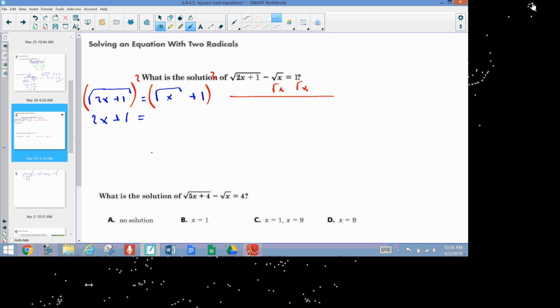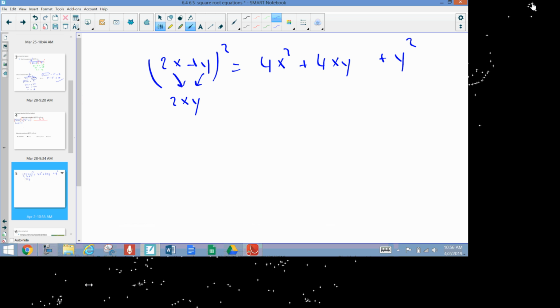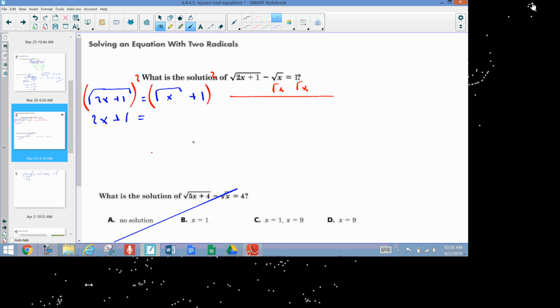Okay, let's apply this. Let's get back to the original question. Apply the rule. Take this first term. Oh, I just made up that question to remind you of the rule. So, take the first term squared. Who's going to tell me the first term squared? X. Take the second term squared: 1.